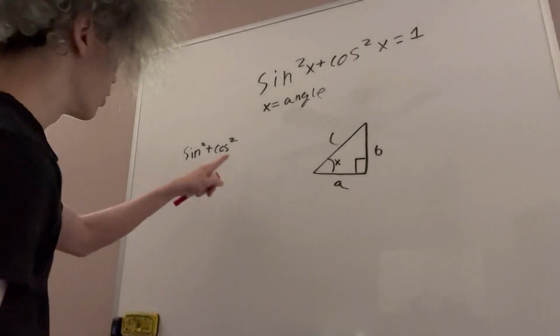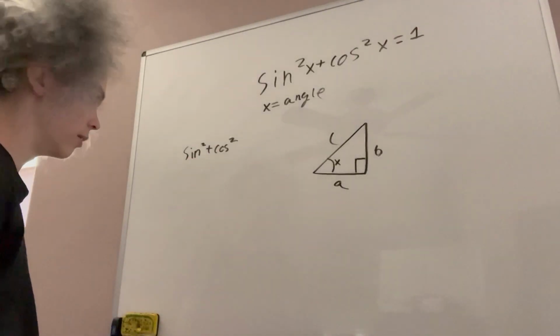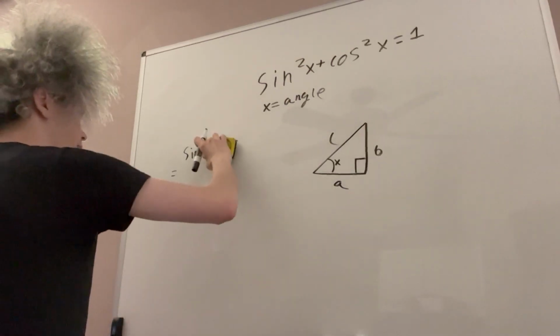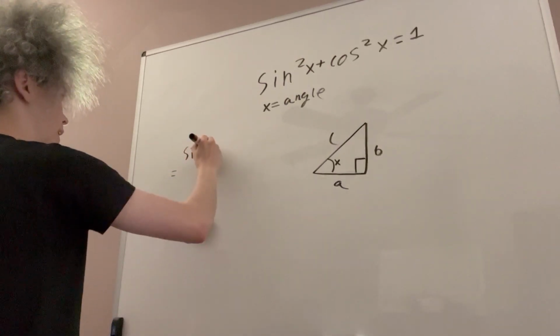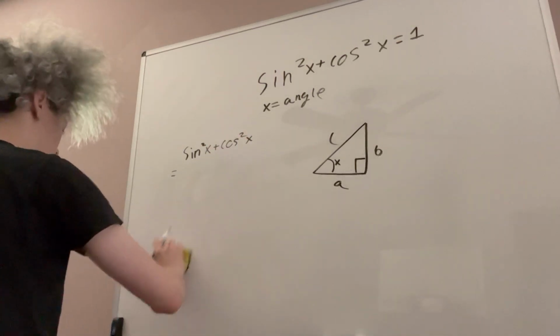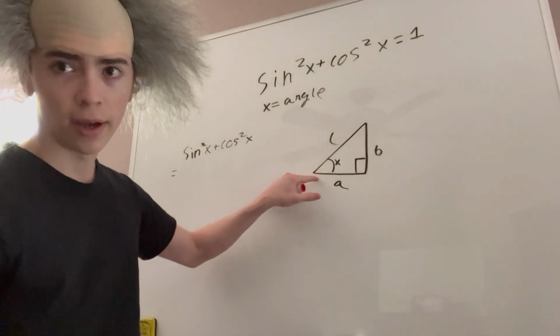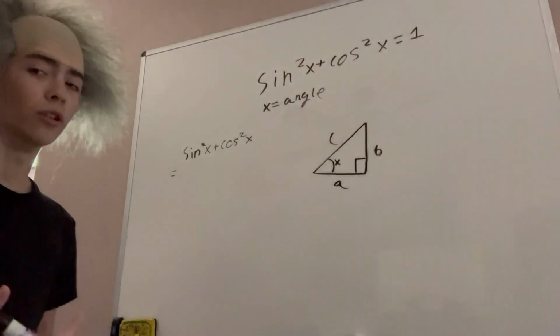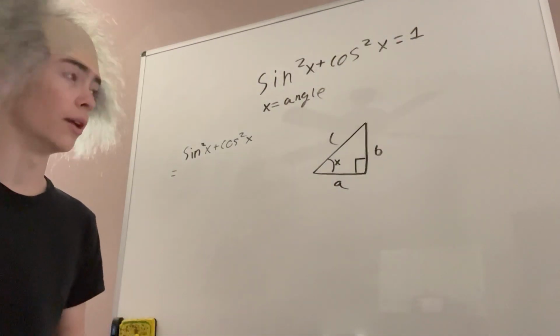So, expanding sine squared and cosine squared, we can say this is equal to, oh, and I forgot to write my x's. Sine squared of x, angle x, plus cosine squared of x. All right, because it is important that we are talking about x here, and it'll make sense. Sine is going to be your opposite over hypotenuse ratio.